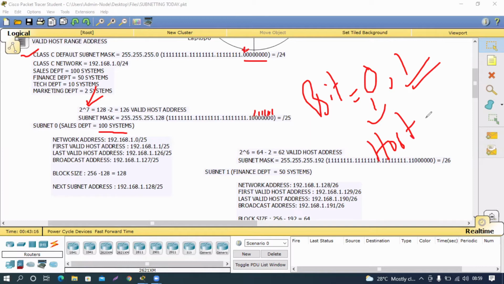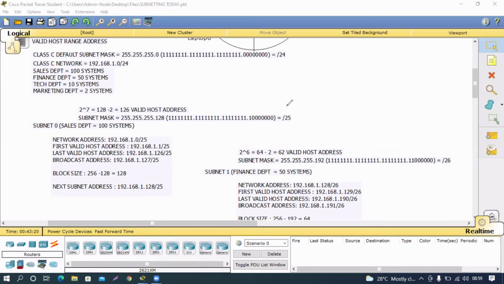Because we have only two possible values. If a bit cannot be 0, then it needs to be converted to 1. So right now we already have 24 network bits, and 24 plus 1 is 25.